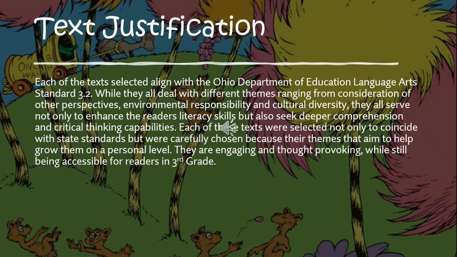Each of these texts were selected not only to coincide with the state standards, but were carefully chosen because they're themes that aim to grow them on a personal level. They are engaging and thought-provoking while still being accessible for third grade.